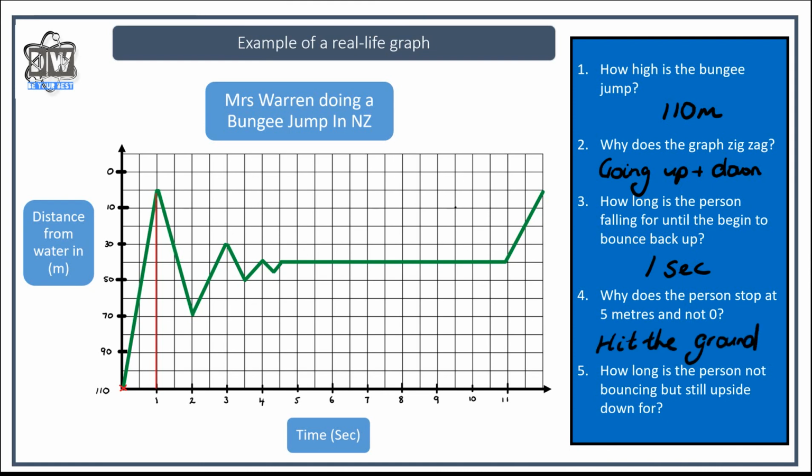How long is the person not bouncing but still upside down? Now, you could have had two possible answers. You could have gone from this point here through to this point here. But actually, if you know how it works, you're upside down until you get back down. What happens is you bounce up and down, then you stay stationary, and then they literally pull you down. So it goes all the way through.